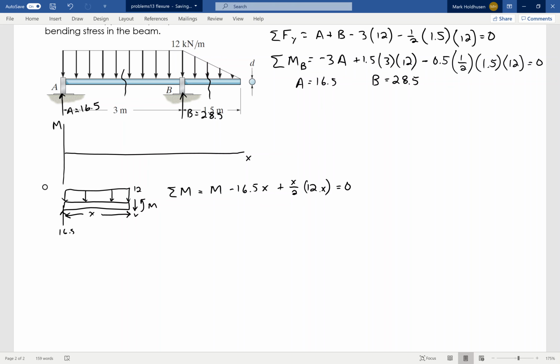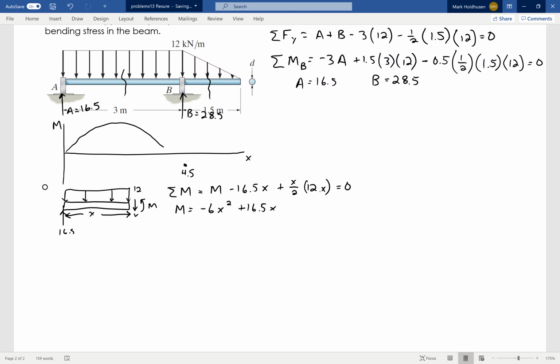From that, I can determine that my moment equation is -6x squared plus 16.5x. When I plot that, this is good from 0 to 3. This guy's going to look something like this, and it ends at -4.5 down here, but look what happens.